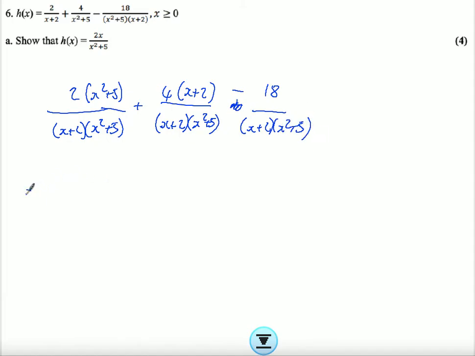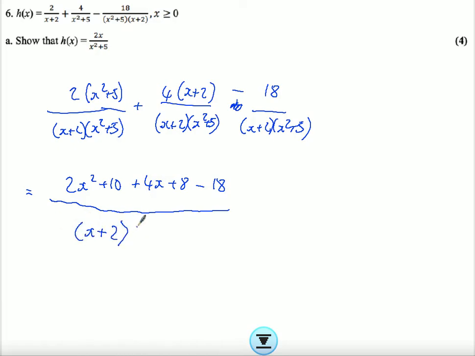So let's just tidy this up, shall we? Let's expand those numerators. So we've got 2x squared add 10, add 4x add 8, subtract 18, all over. That is a shocking fraction line. However, we can deal with that. So let's tidy this up on the top.